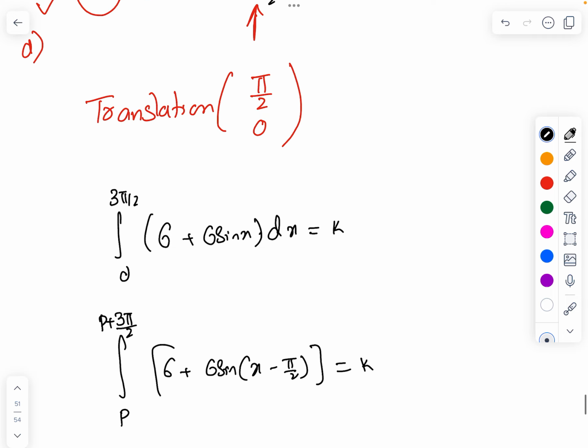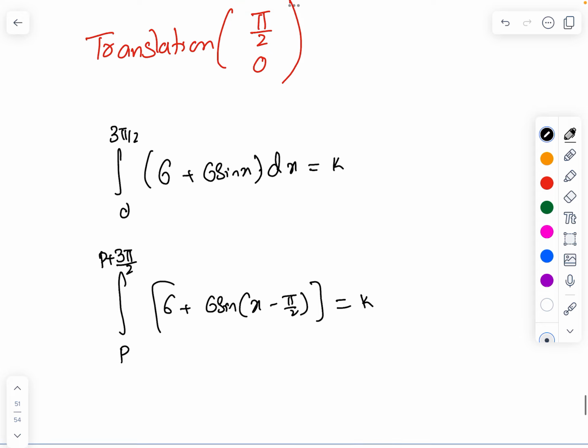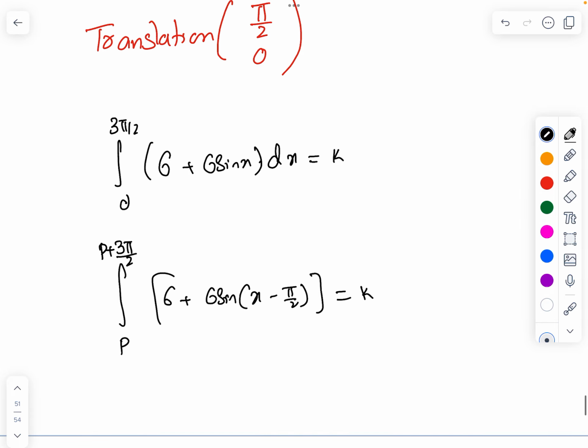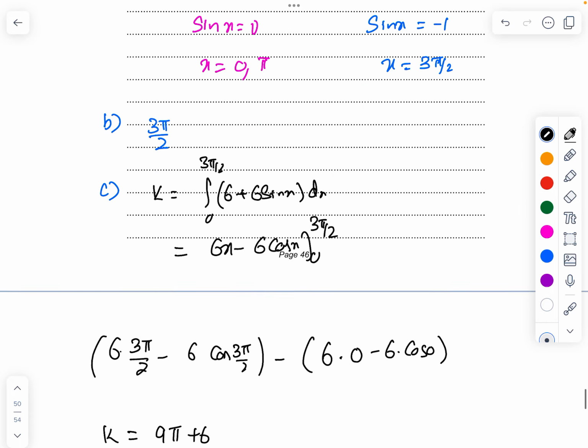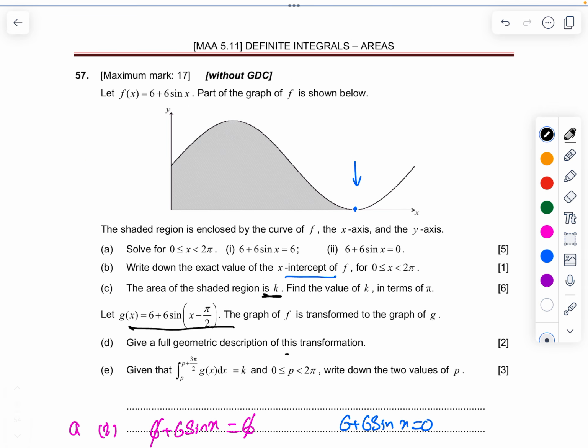If now the entire graph is shifted pi by 2, the entire graph is shifted pi by 2. So this graph, minus pi by 2, it is shifted to pi by 2. So it will remain the same shape, and the area is going to remain the same. I am shifting the graph by pi by 2, x minus pi by 2. What is the meaning of x minus pi by 2? I am translating by pi by 2.